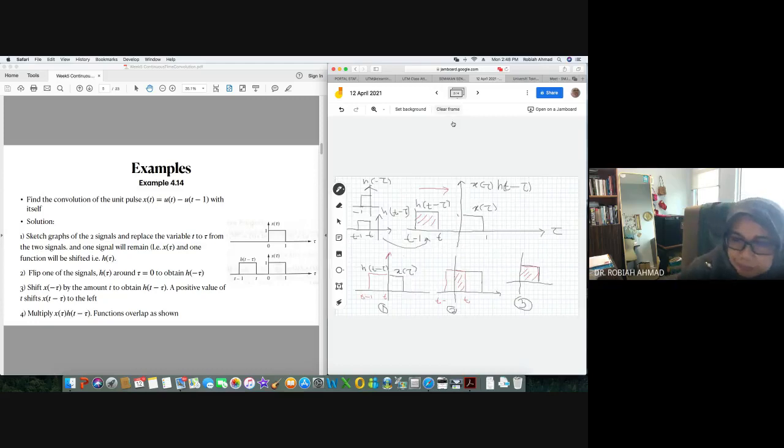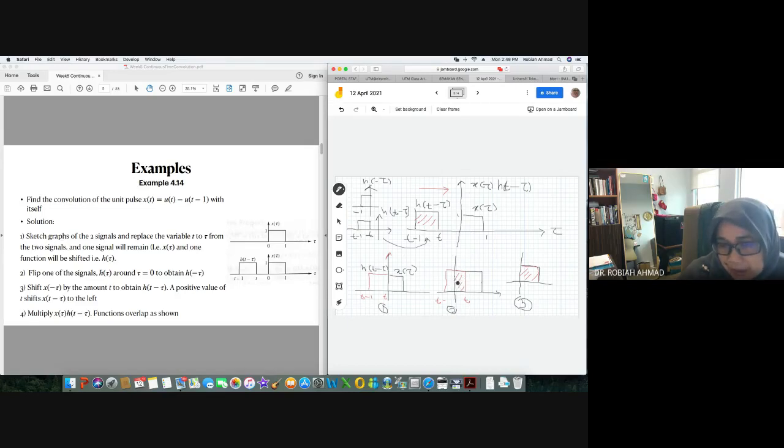Okay, again, when we move this H T minus tau signals to the right, there will be 5 different cases. First one, when there is no overlapping. Okay, sepanjang-panjang ni bila dia gerak, dia tak overlap. So there is no overlapping for the red one and the black one. And then number 2, where this red one is approaching the black one and start to overlap.